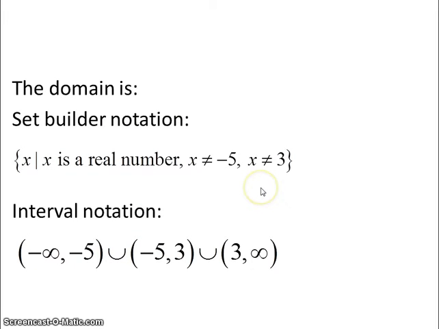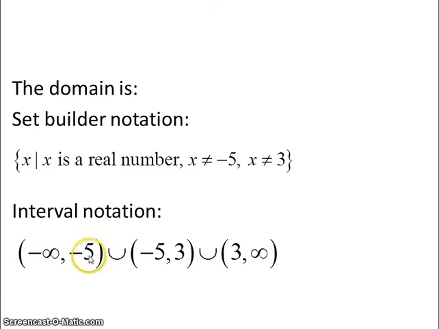So here is our set builder and interval notation for our domain again. Our set builder is the set of all x's such that x is a real number and x is not equal to -5 and x is not equal to 3. In interval notation, we basically have to just go to those endpoints and use a bunch of parentheses to say that these endpoints are not in our set or our interval.